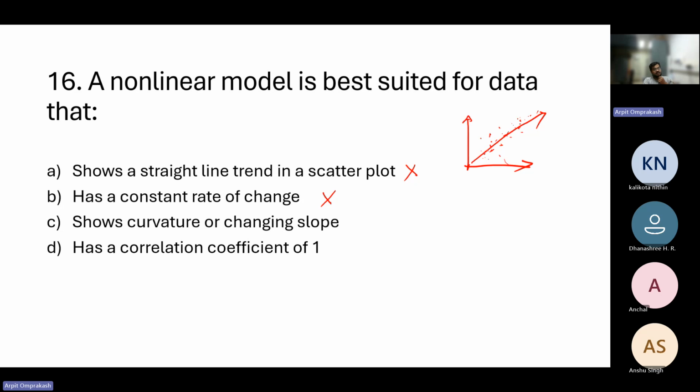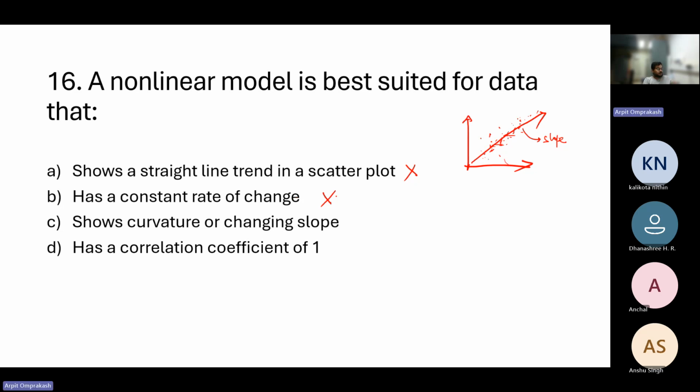This is also false because linear relationships have constant rate of change, which is called the slope. So at any of these points, if you take y1 minus y2 by x1 minus x2, it will be the same. If it's a line, it has a constant rate of change.